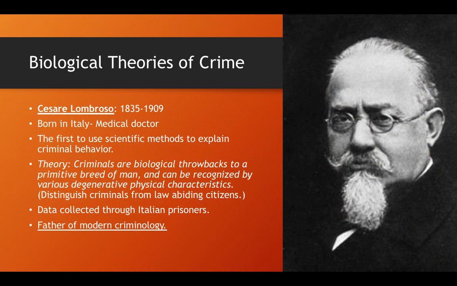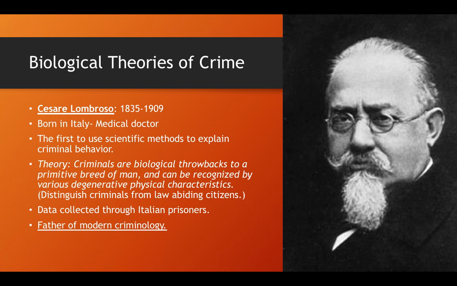Now, just like we can't talk about the classical school without talking about Beccaria, we cannot discuss the positive school and biological theories of crime without discussing Lombroso. So again, look back at the time that he was born, 1835. So we've now moved on to the 19th century. He was a medical doctor, and he did study biological traits in individuals.